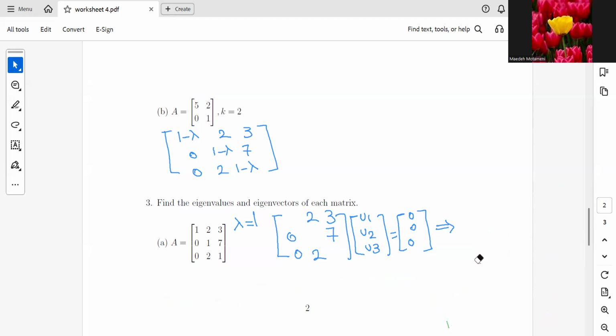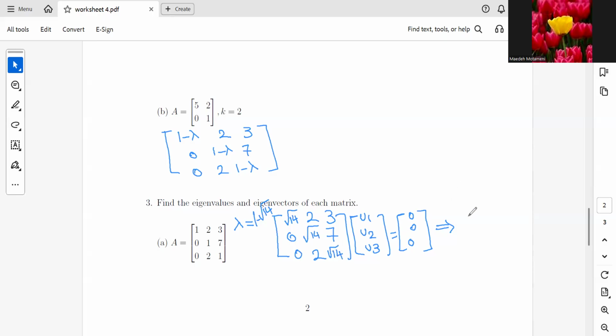If we plug in 1 minus square root of 14, we would have square root of 14 here, also here, and also here.